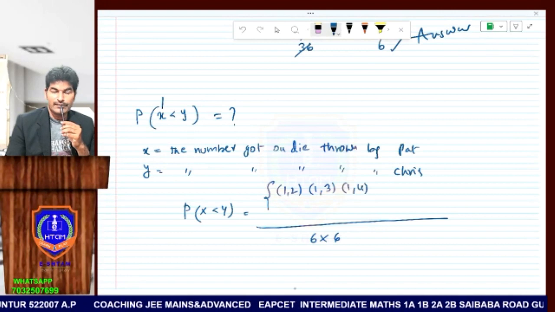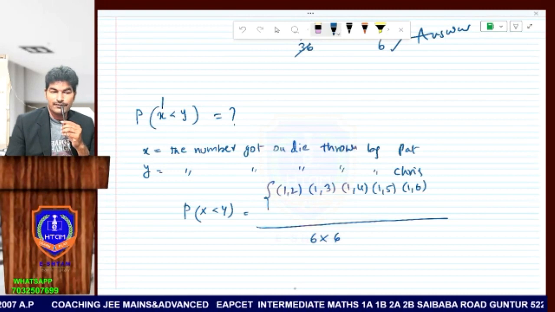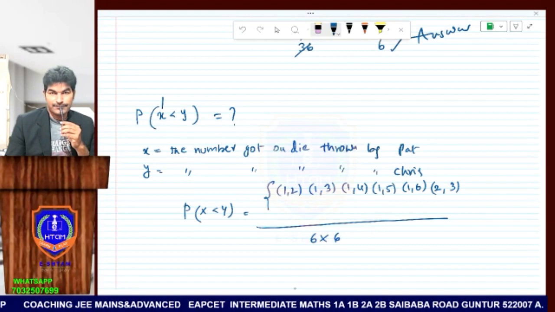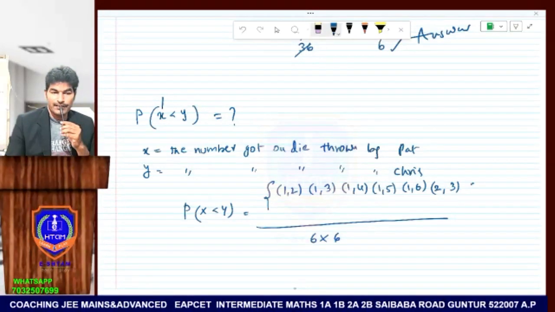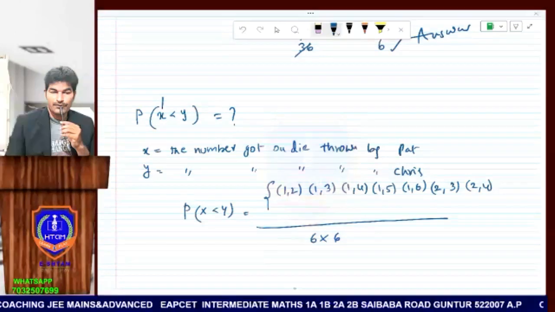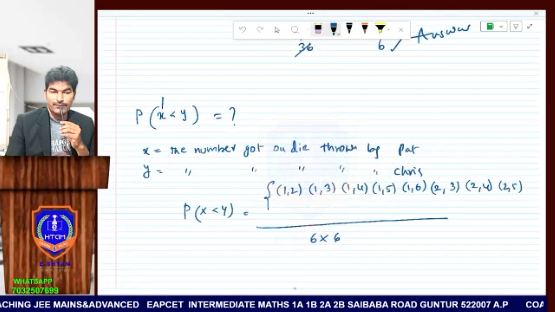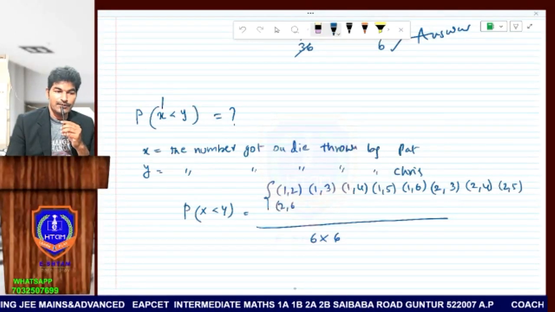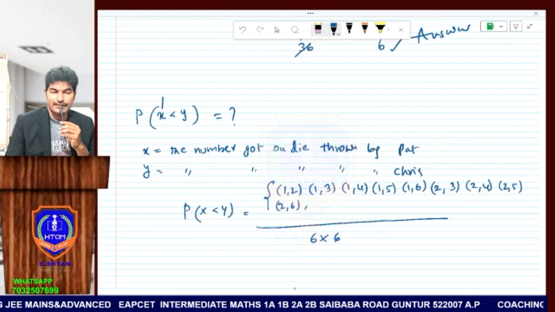You can also say (1,4), (1,5), (1,6). Understood? And similarly (2,3), (2,4), (2,5), and (2,6). Don't think so many exist, they will be counted.